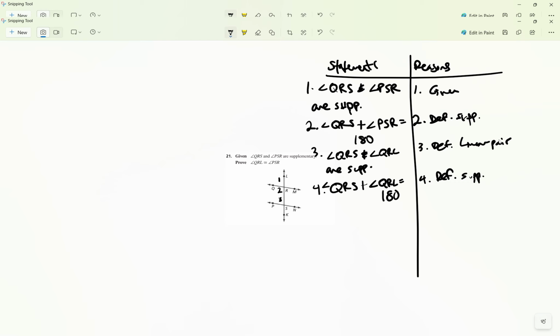I'm going to show you guys how to shortcut this one in just a moment. So then we can conclude that QRS and PSR, and QRS and QRL, both equal 180, are going to be equal to each other.